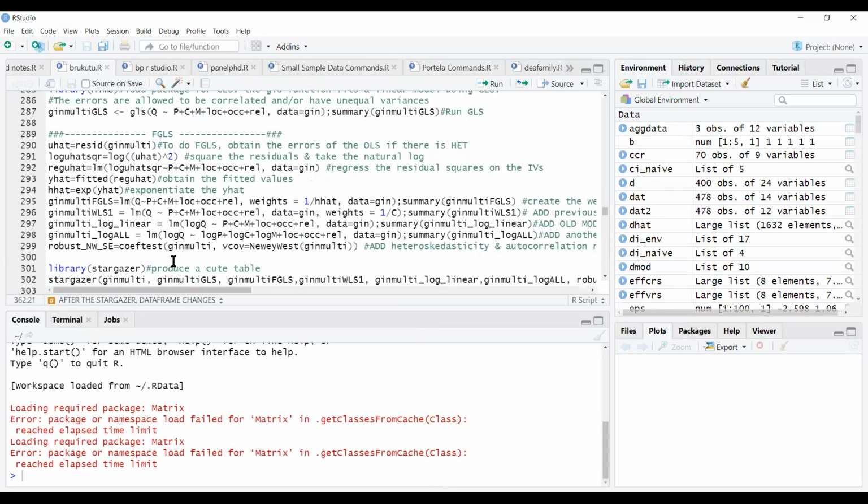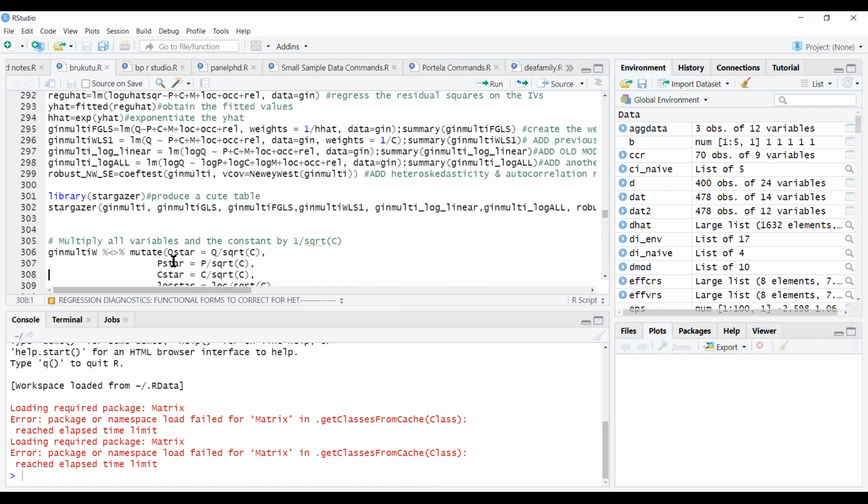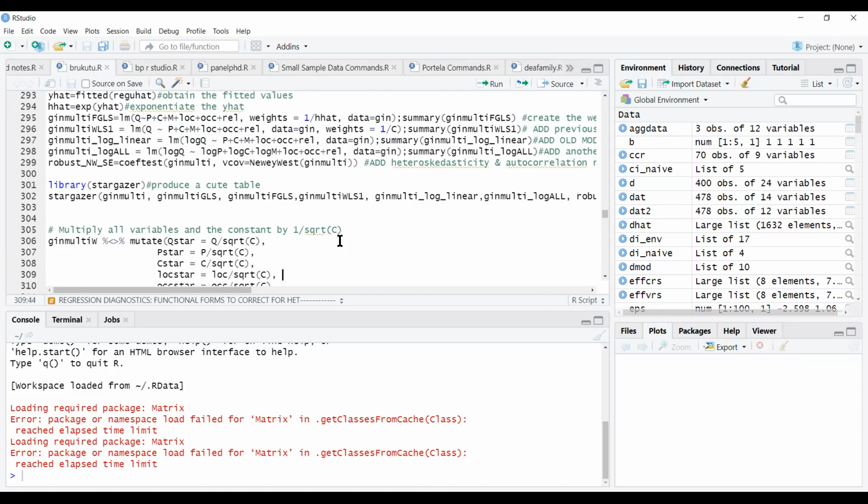Okay. So we are now going to start with this command: multiply all variables and the constant by 1 over the square root of the complement price. So I want you to do that. I want you to type that. This is just an instruction. You can ignore that and go with me on what I'm about to do.